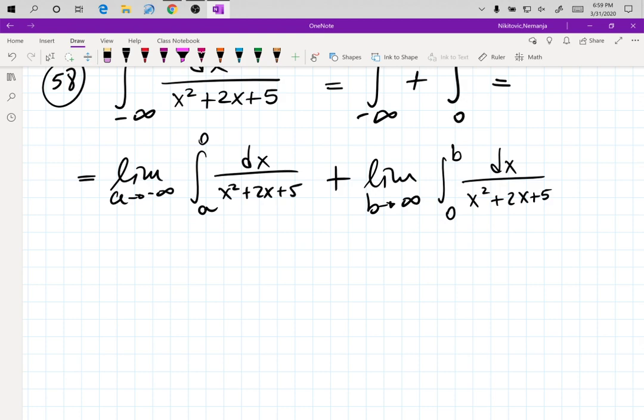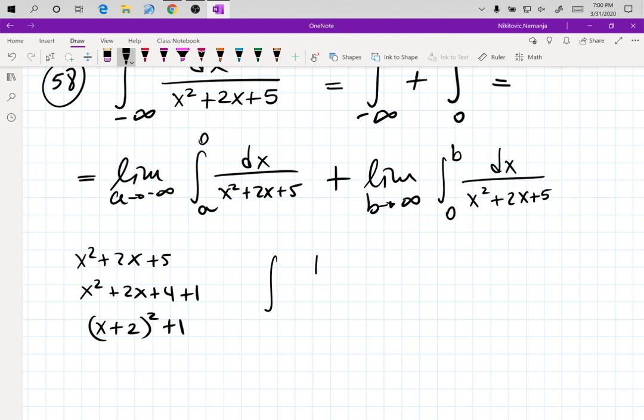So let's go. We have x squared plus 2x plus 5. Now, those of you that are quicker with these things can also recognize this, and then you immediately see x plus 1 squared plus 4. Right? So if you see the square of the binomial there, we're just going to integrate, and then we're going to plug everything in.